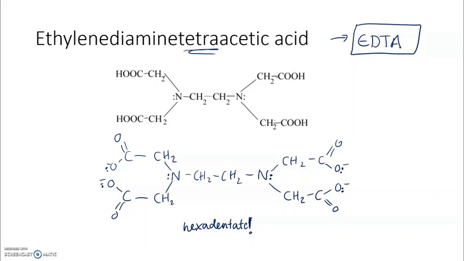Now, this means that what we refer to as EDTA 4 minus is a very powerful chelating agent and is pretty much able to replace any other ligands on a transition metal complex. It forms a cage completely encapsulating the central transition metal ion.